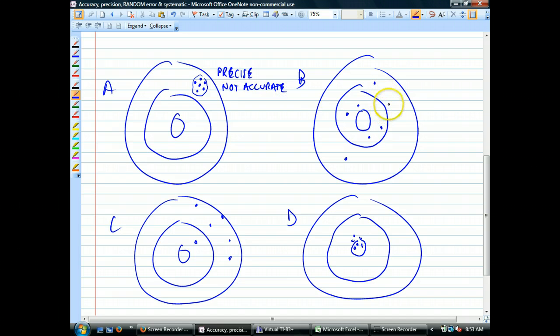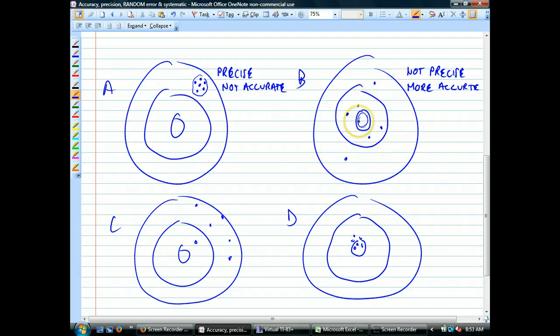In B, we're going to say that they are not precise. However, I'm going to say that they're actually more accurate, because most of these shots are closer to the bullseye than shooter A. If you took the average position of all those shots, you'd probably get something somewhere around the bullseye.